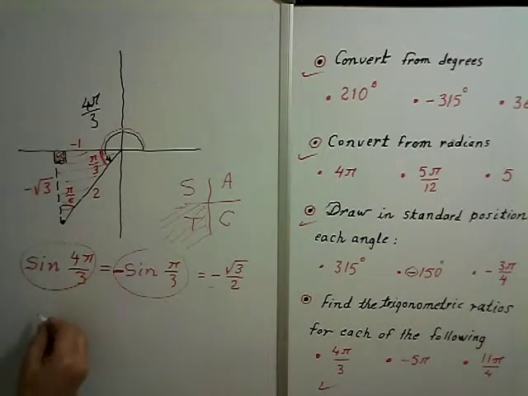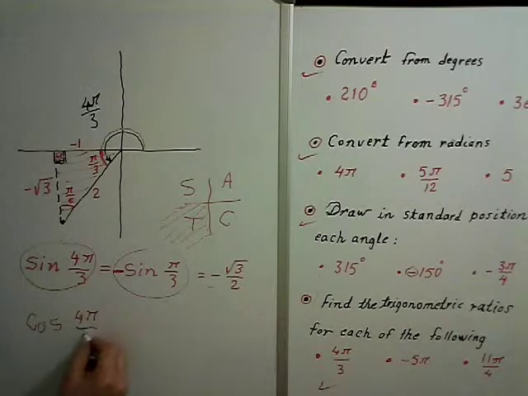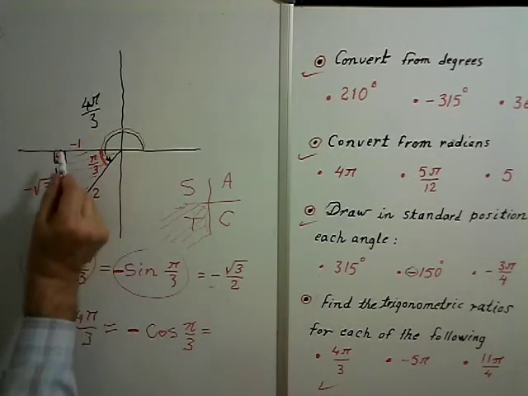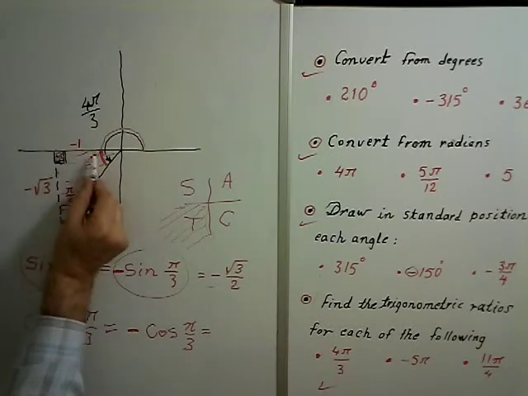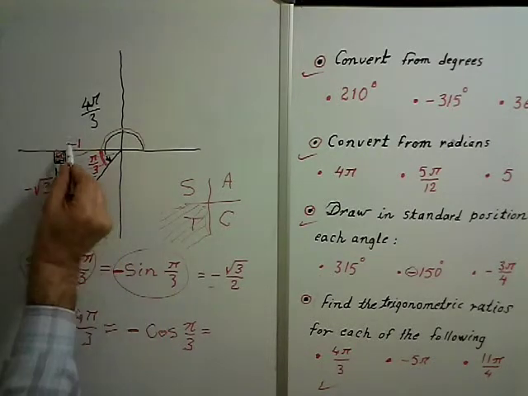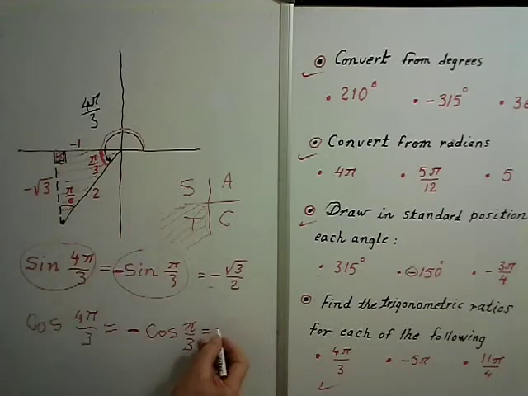And cosine, same thing. Cosine 4 pi over 3 is equal to cosine pi over 3, and also, because it's the third quadrant, it will be negative. So cosine for this angle, cosine is adjacent over the hypotenuse. Here's the adjacent of the angle. So it is negative 1 over 2.